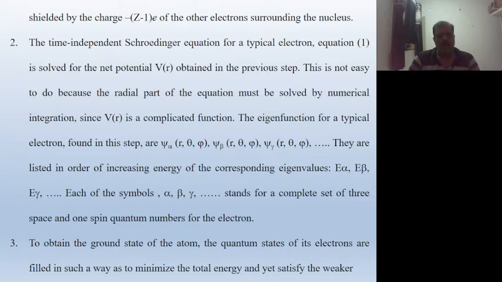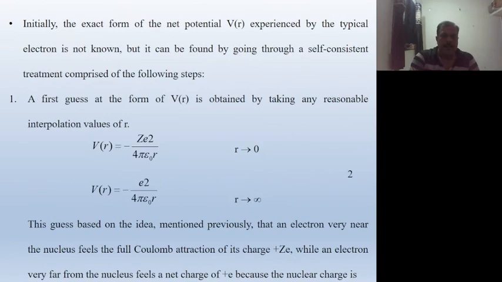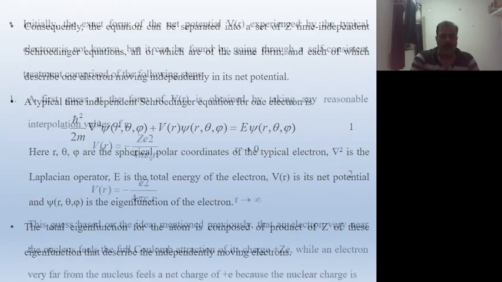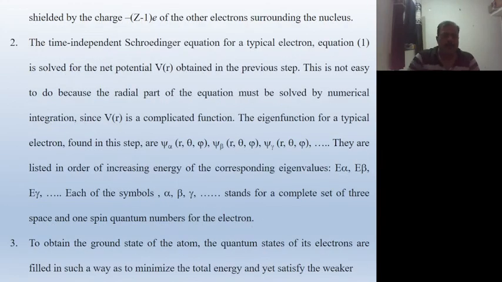Then the second step is the time-independent Schrodinger equation for a typical electron, equation 1, the last equation: minus h cross square upon 2m del square psi of r, theta, phi plus V of r into psi of r, theta, phi is equal to E psi of r, theta, phi. This equation number 1 is solved for the net potential V of r obtained in the previous step.